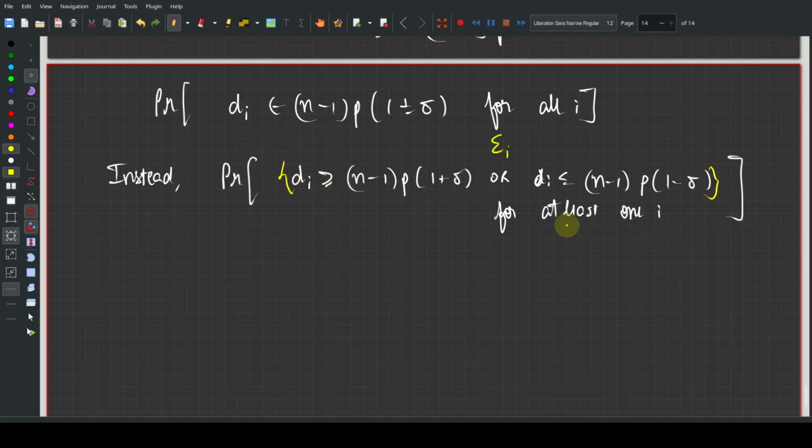What is this probability in terms of the events E_i? Or in other words, in terms of set operations. It's the union, right? If any one of the E_i's occurs, it's a bad event for me. So that's simply the union of the E_i's.